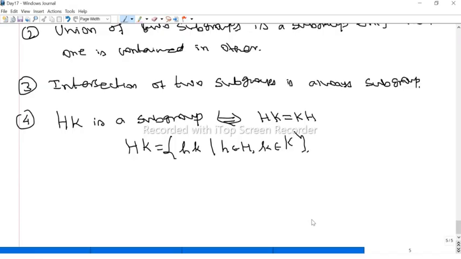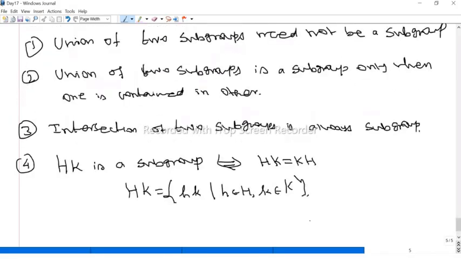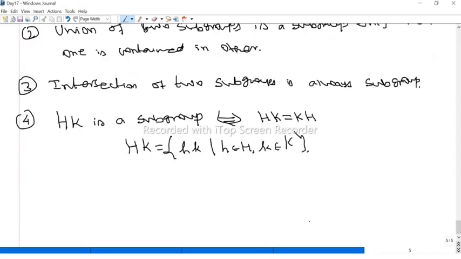So this is a very important result. Now the second fundamental theorem is based on the order of the product of subgroups. Maybe I can write here, this is the second fundamental theorem of group homomorphism.